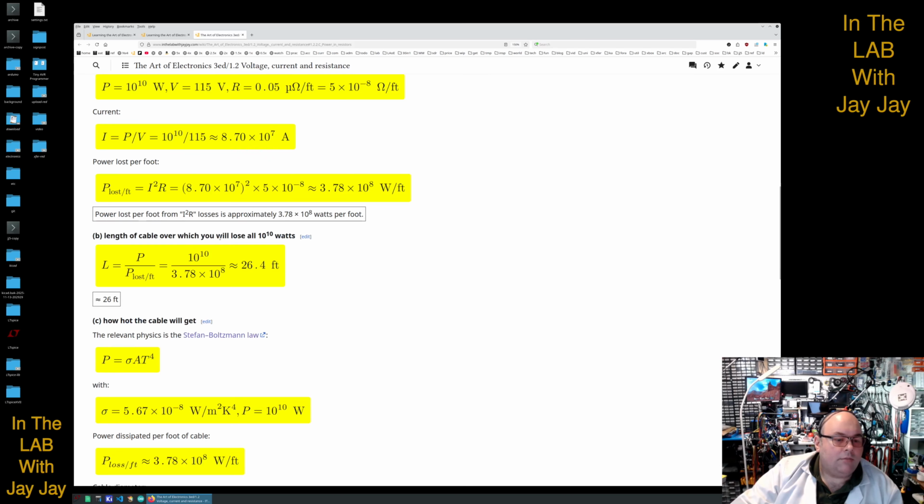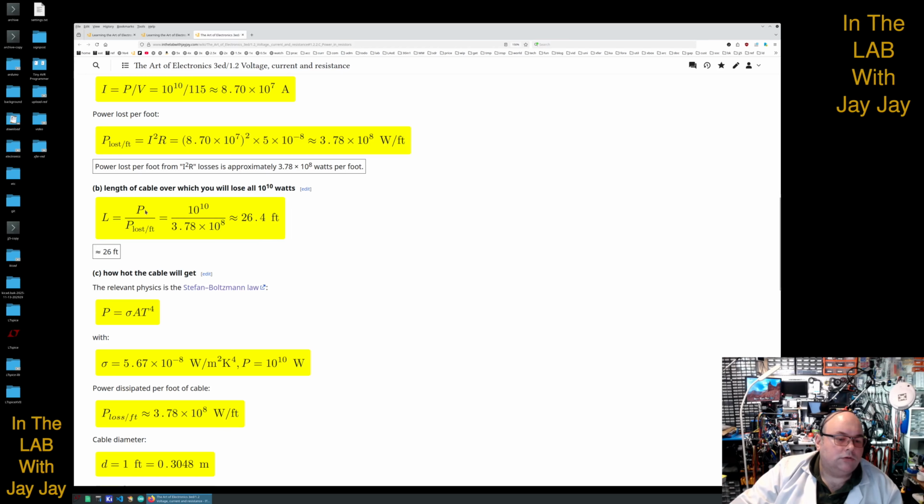The length of the cable over which you will lose all 10 to the 10 watts of power equals the total power divided by the power lost per foot, which is 10 to the power of 10 divided by 3.78 times 10 to the power of 8, which approximately equals 26.4 feet. So we call it roughly 26 feet.